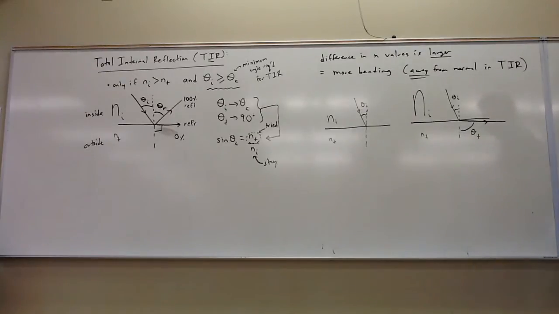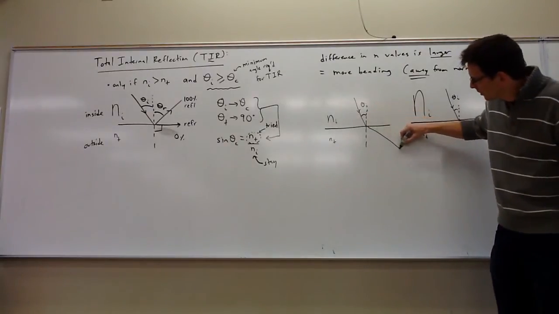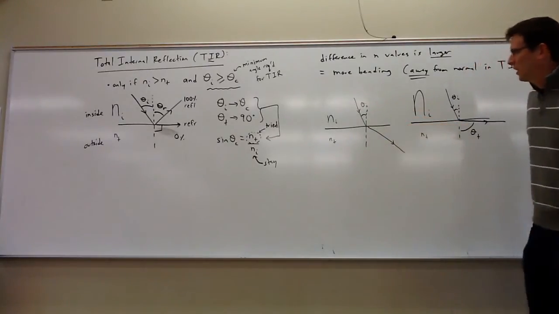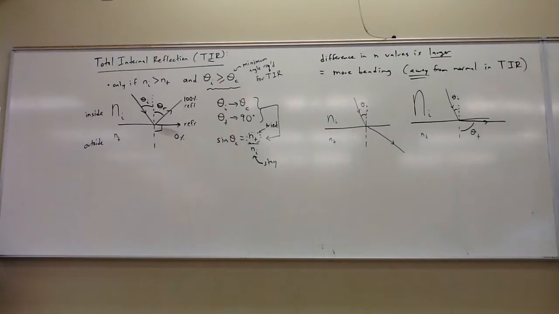That's how extremely we're bending away from the normal. Whereas over here, the bending is not nearly as much. So here, because the bending is more extreme, we are closer to achieving TIR.